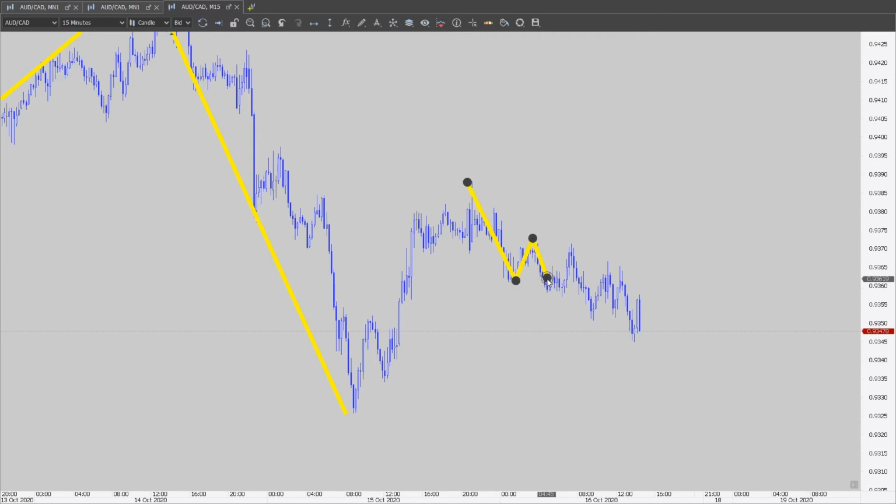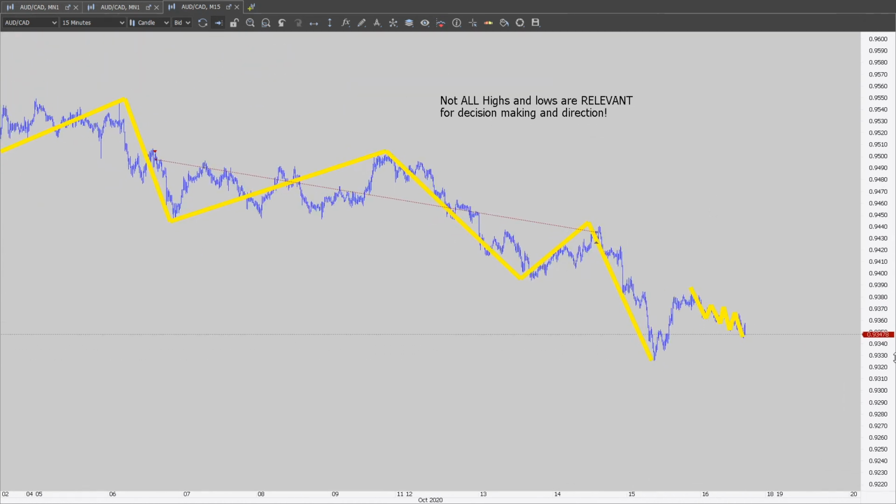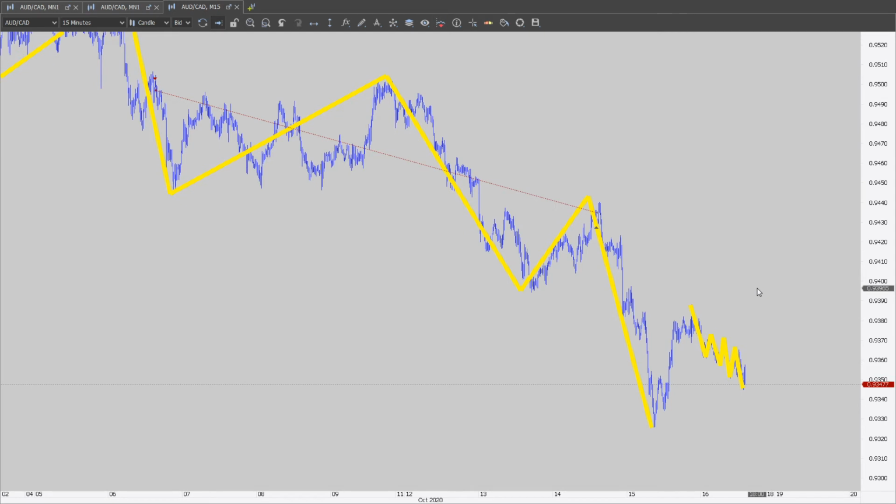High to low, low to high to low, low to high to low, low to high. So when you say short, which one? The smaller one or the bigger one? You know? Which one? Everybody?